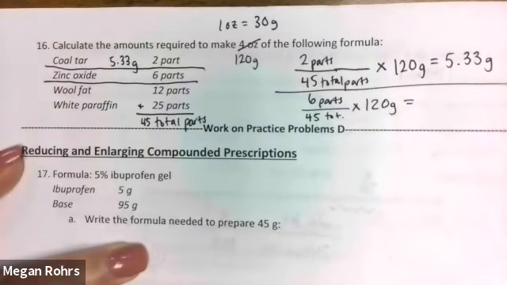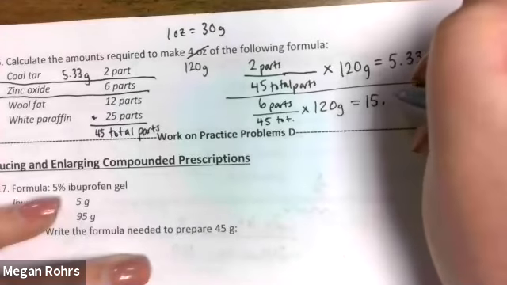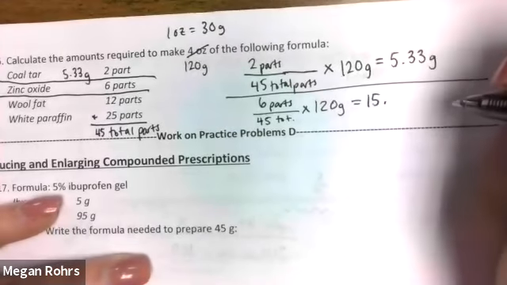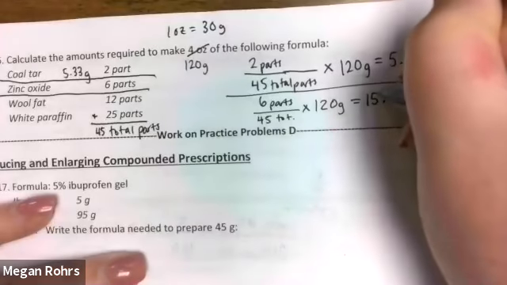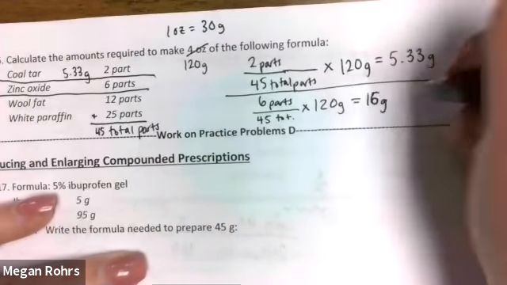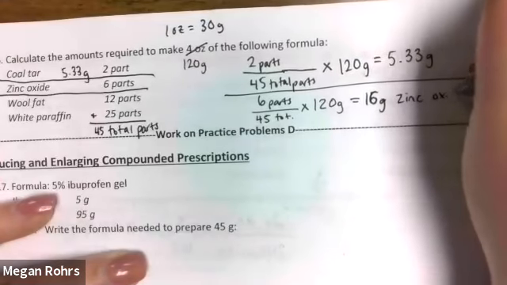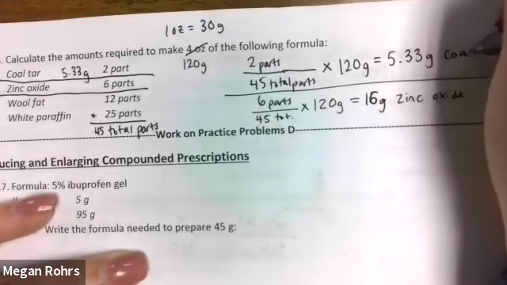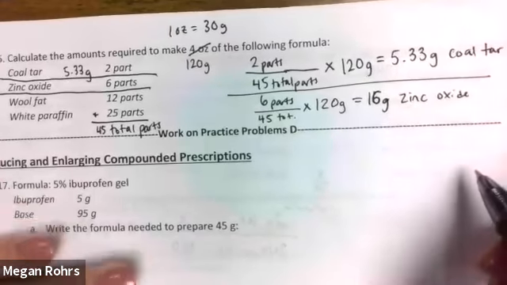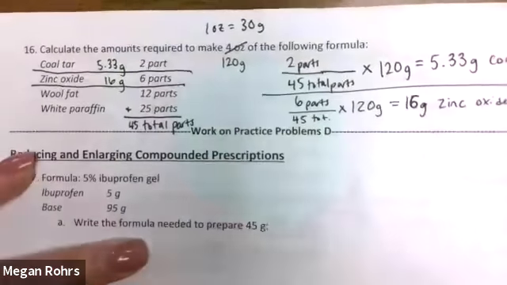So 6 divided by 45, leave that in your calculator, then take that times 120, leaves me with 15.99 repeating. So I'm actually going to round that to 16 grams. And that was our zinc. I'll label this one too. That was coal tar. All right, so I would need 16 grams of zinc.